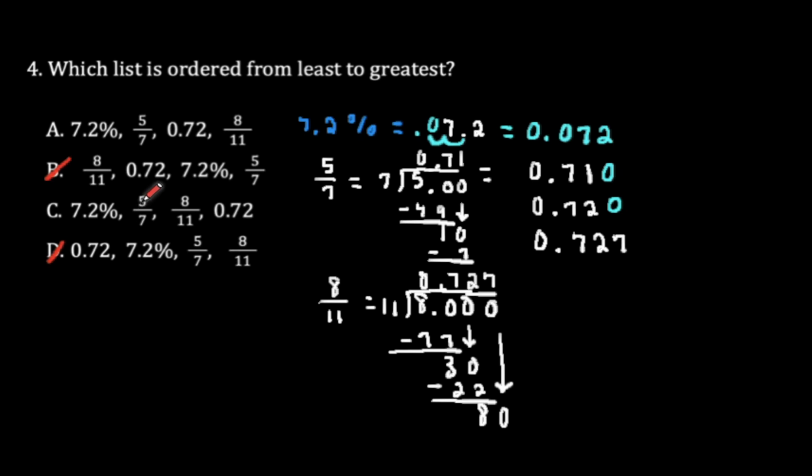So now let's continue further. Both A and C have 7.2% as the first, 5/7 as the second. Let's move on to the third, 0.72 and 8/11ths. We have 7.2% as the smaller value. The next smallest value is 0.710, because 710 is smaller than 720 and 727.